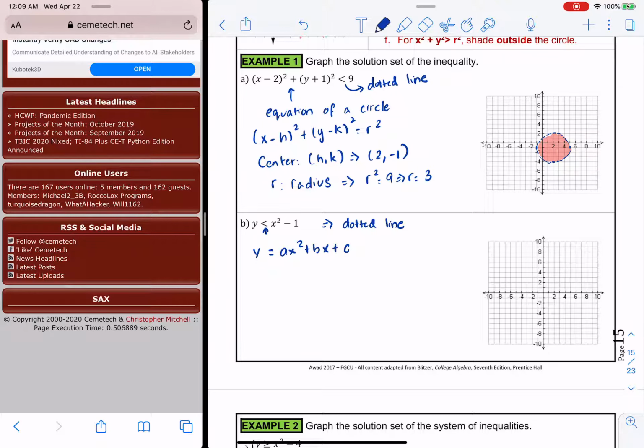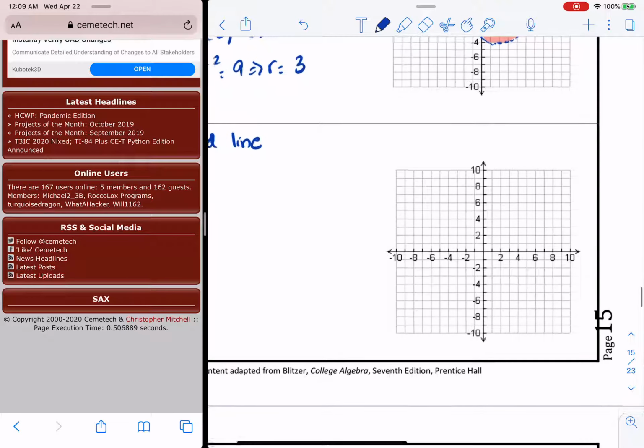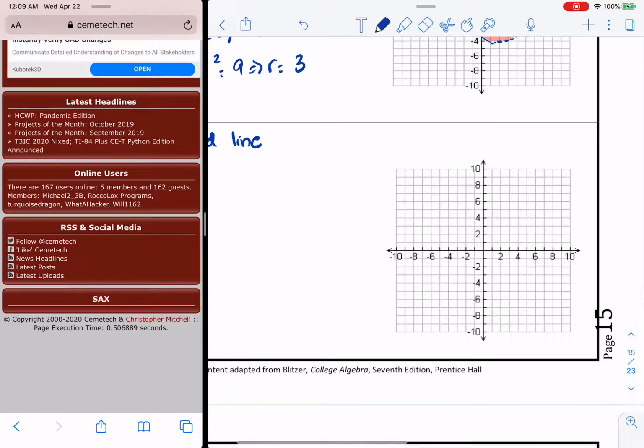And by the looks of it, this is a parabola. And it is simply a regular parabola that is shifted down by 1 unit. So we're right there. And you don't have to be perfect because we're simply wanting to know what the graph would look like.